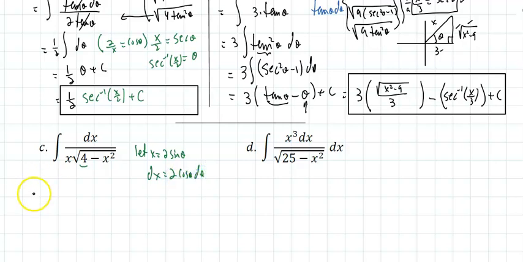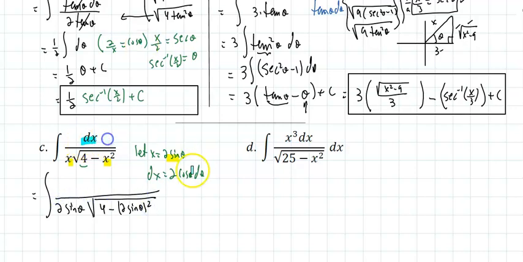So this is going to become the integral, and let's see. That's going to go in 2 places. I'm going to have twice the sine of theta, the square root of 4 minus twice the sine of theta squared. And again, don't forget dx is all of this. That is twice the cosine of theta d theta.